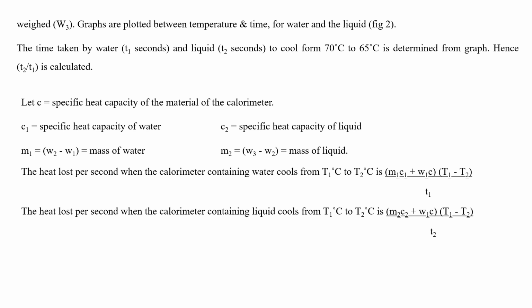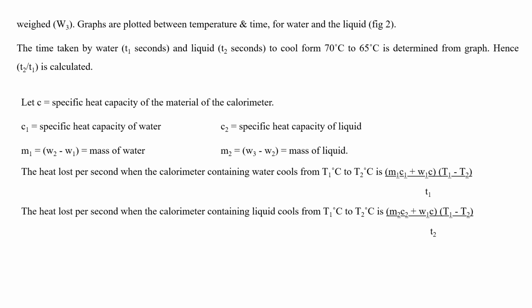So you take the higher temperature 70 and lower temperature 65. Therefore, T1 minus T2 by t1, where small t1 is the time taken to go from T1 to T2, which should be calculated from the graph. The heat lost per second when the calorimeter containing the liquid cools from T1 to T2 can be written the same way: M2C2 plus W1C into T1 minus T2 by t2.